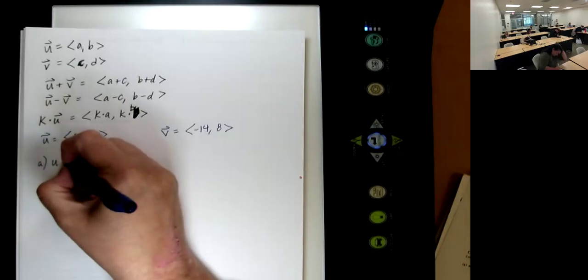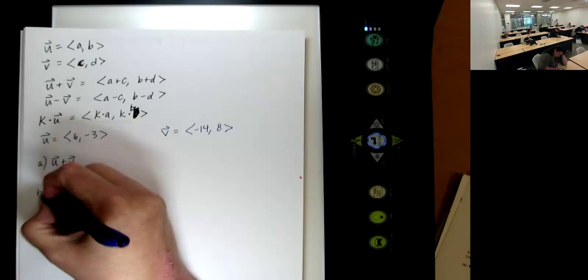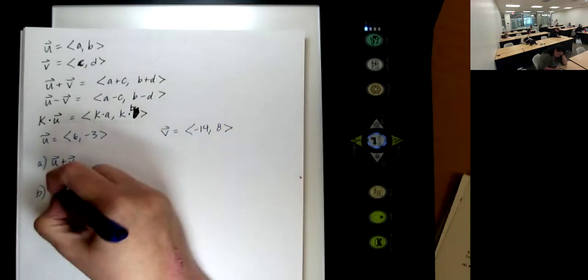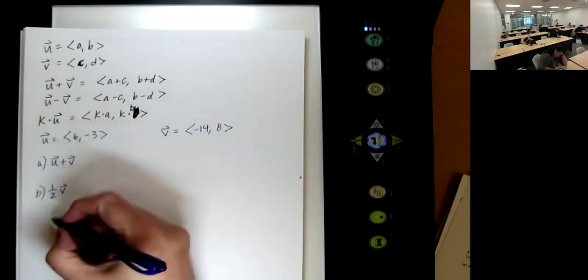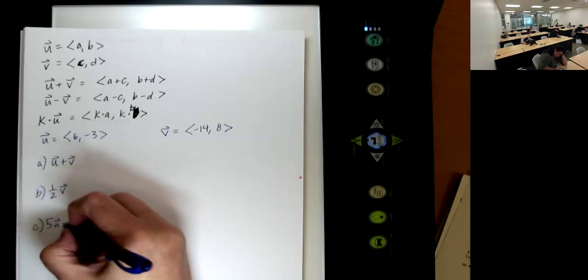Find u plus v, one half v, and 5u minus 2v.